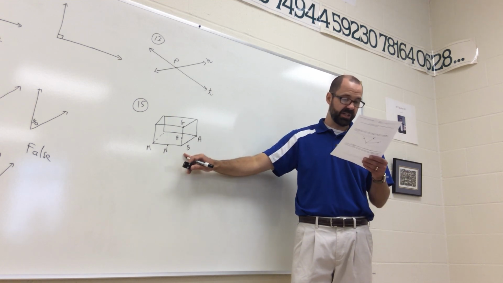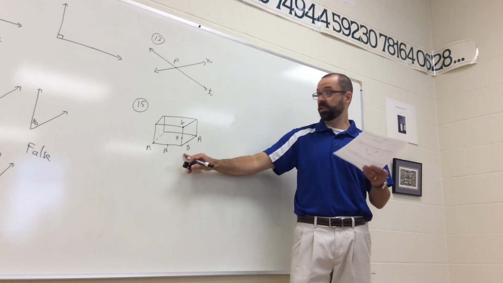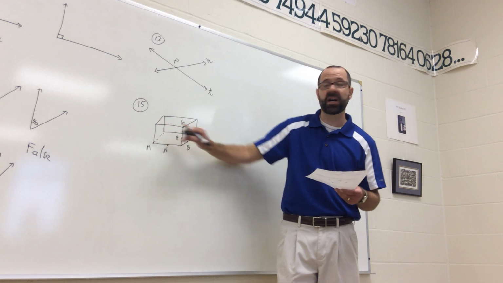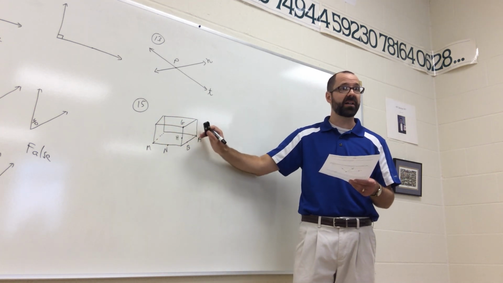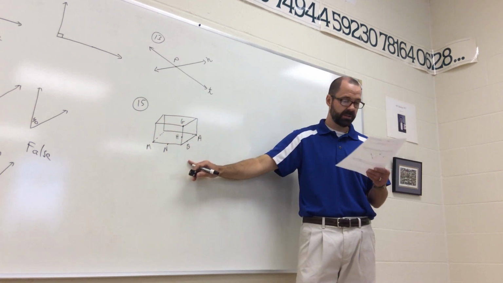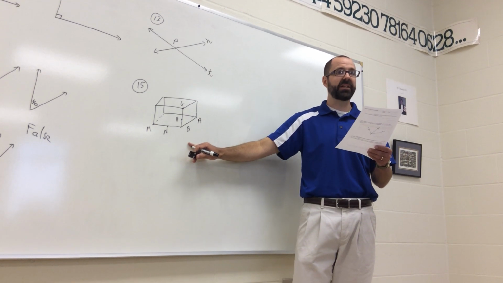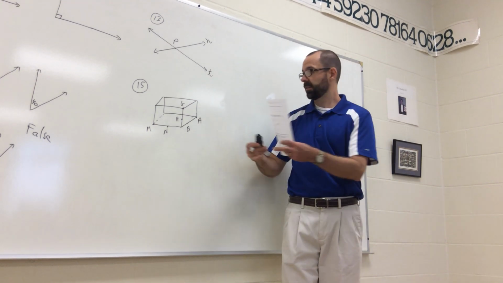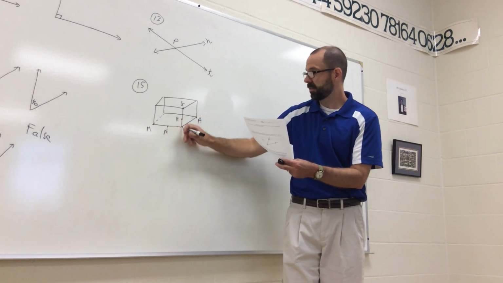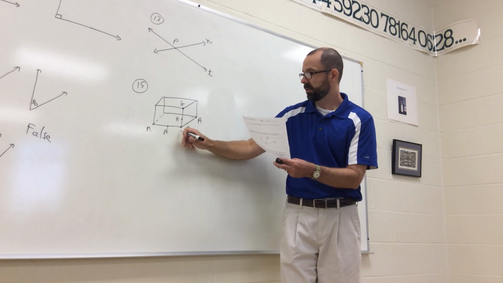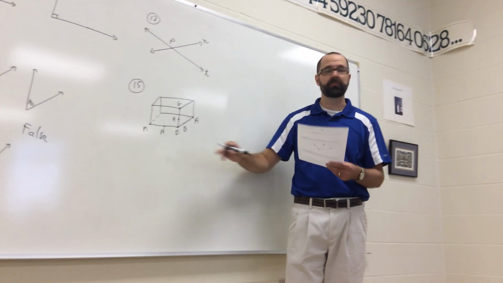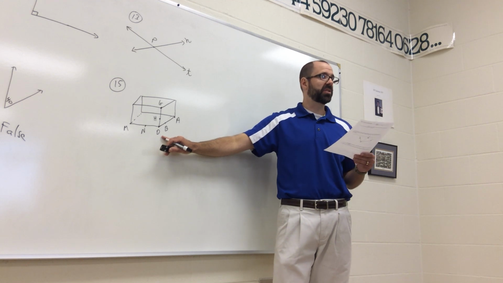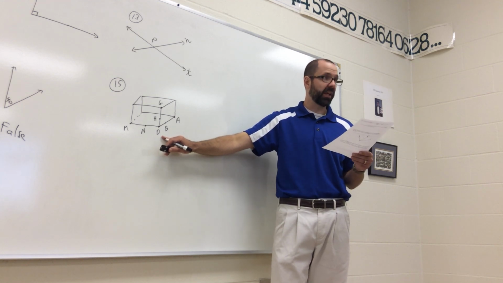Okay, so we have those three, and they're not coplanar, which is true, right? Because these are in the front of the box, and the AB is on the side of the box. So they're not on the same plane. And then they're supposed to intersect at D. So they all hit right here at point D. So there's a bunch of lines intersecting at point D.